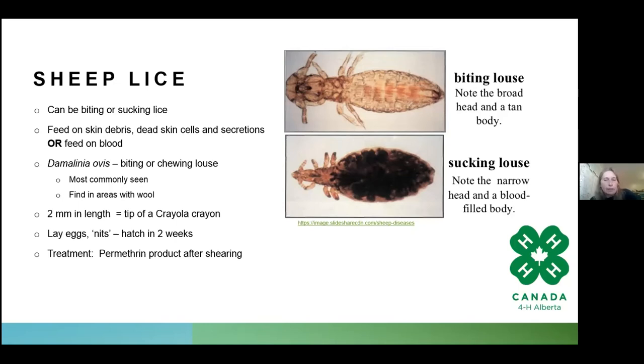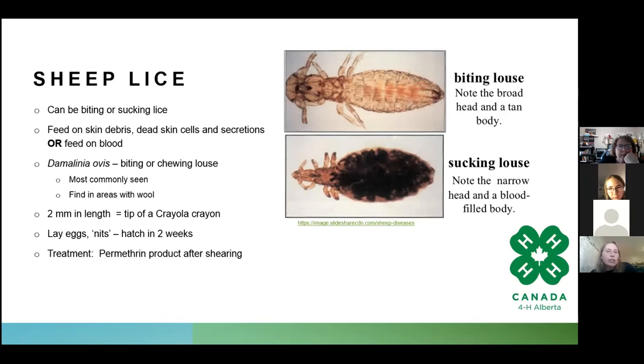The next louse is actually a sucking louse. So he has a long, skinny nose. He will actually embed into the skin, between the skin cells, and feed on blood. As the picture shows, he's a little darker color because his belly is also full of blood.